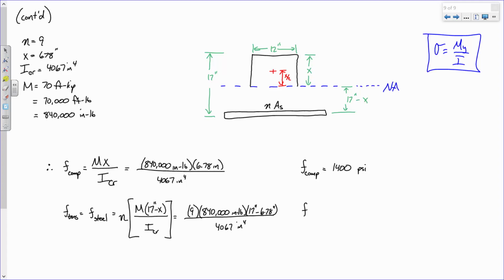And so this is going to be f tension equals f steel equals what? We'll say nearest whole number. Remember that, and the reason we have to do that again, this theory assumes that the beam is made of one material. So we converted it to concrete in order to compute an effective moment of inertia. But now we got to go back and make sure that we're applying the same property.